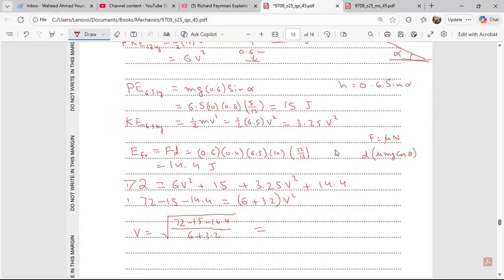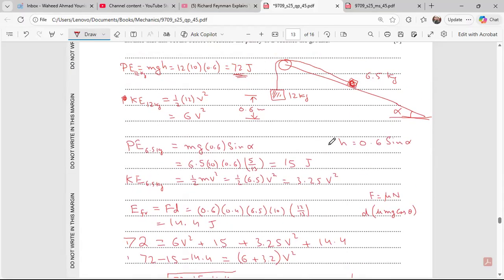So when I do this calculation, square root, and here I have 72 minus 15 minus 14.4 and divided by 6 plus 3.25, it gives me 2.15 meter per second.